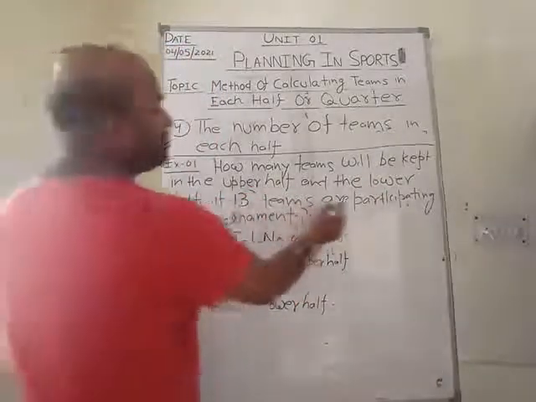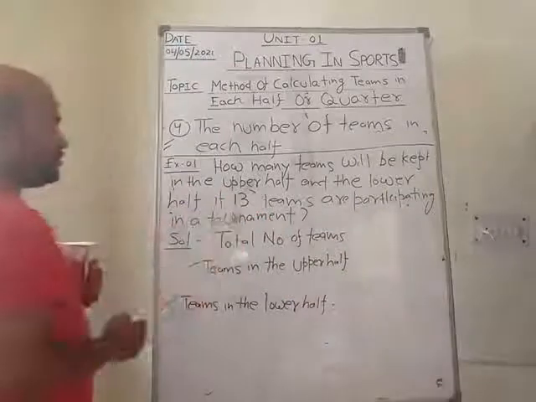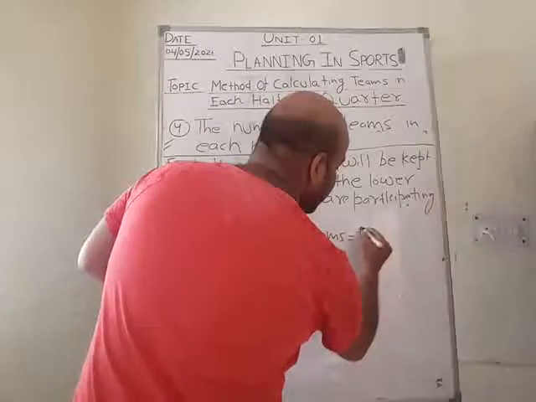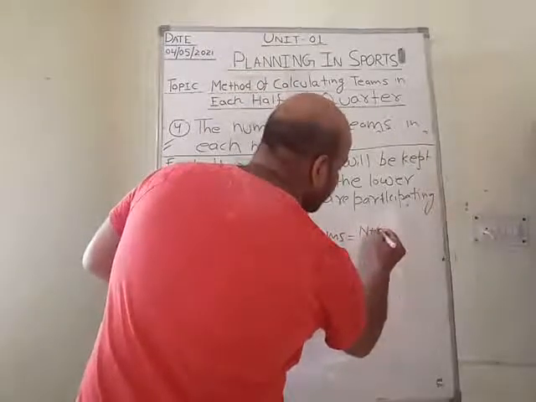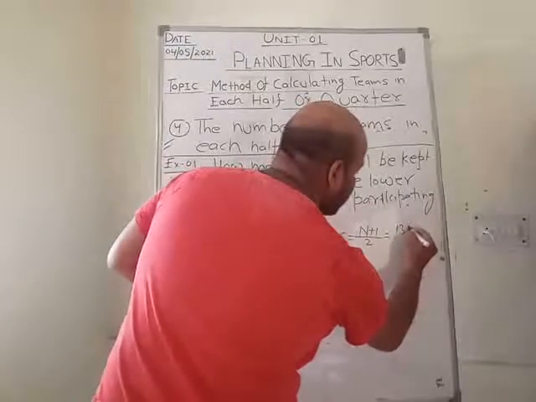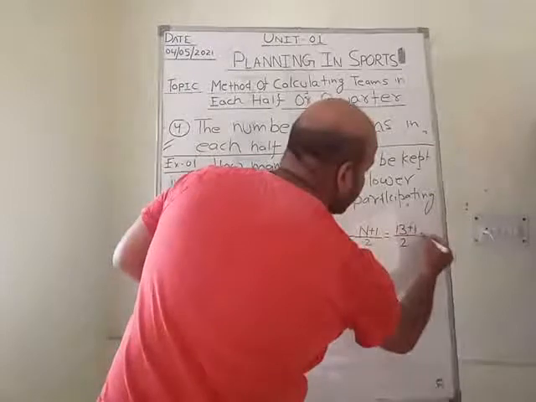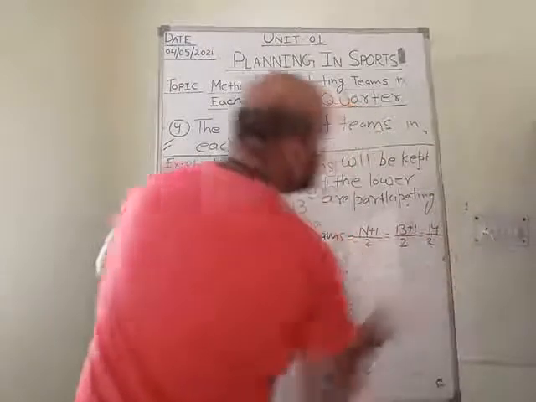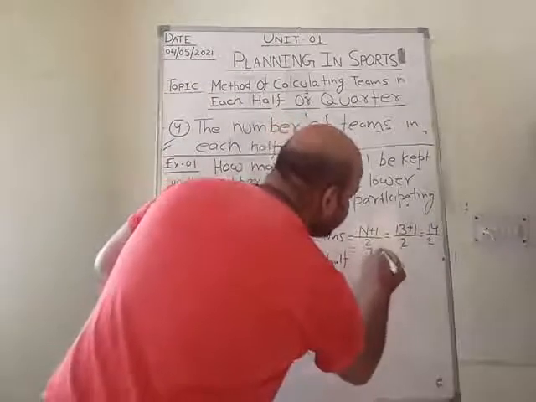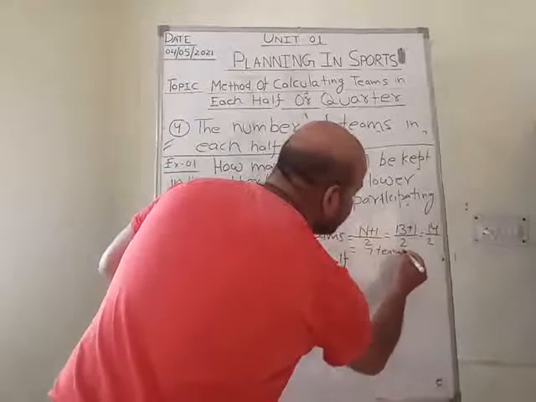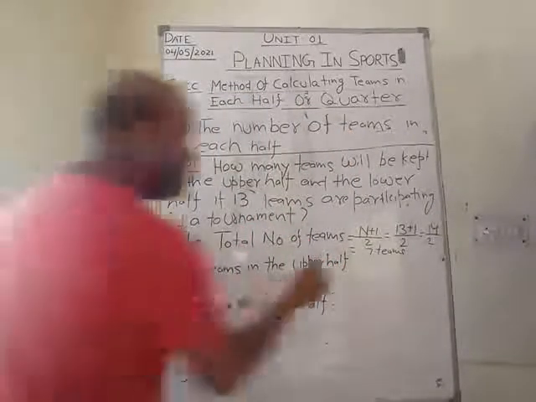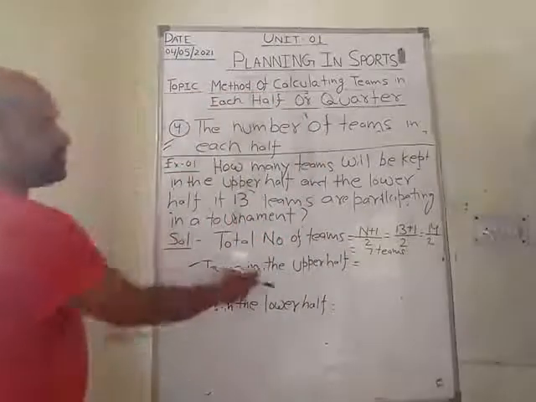The total number of teams is 13. N plus 1 upon 2 equals 13 plus 1 upon 2, that is 14 upon 2.